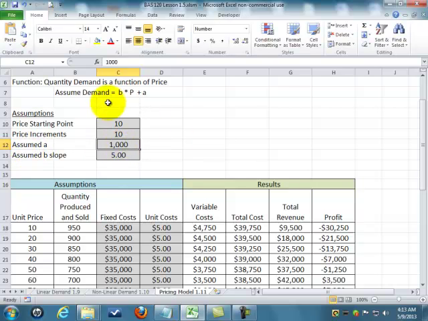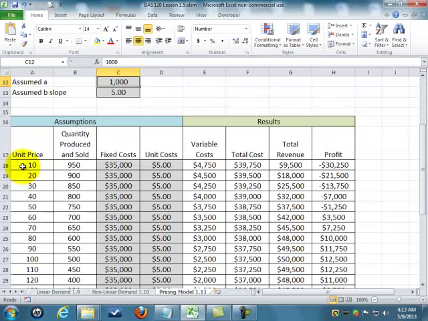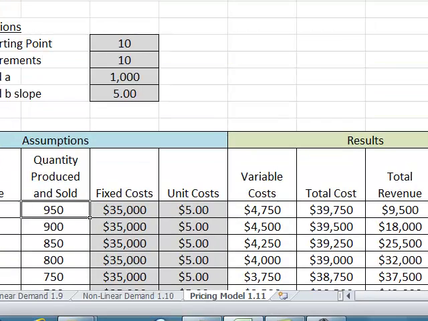They told us that the A was 1,000 and the slope was 5. Now, notice here the unit price. The quantity sold, we use this demand function, because remember, the demand is going to change, or the quantity produced or sold is going to change. Remember also, for these purposes, we're making a simplistic assumption that the quantity produced and the quantity sold equal each other.